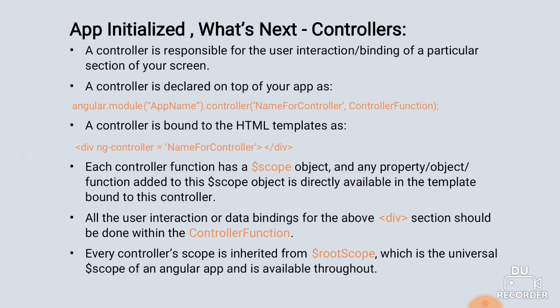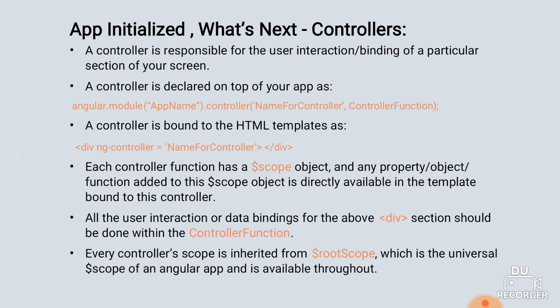This .controller takes the name of your controller, and then it takes a controller function where you will have the entire logic for your controller. The name of the controller can be anything of your choice. Here we have just given it a name for the controller, right?